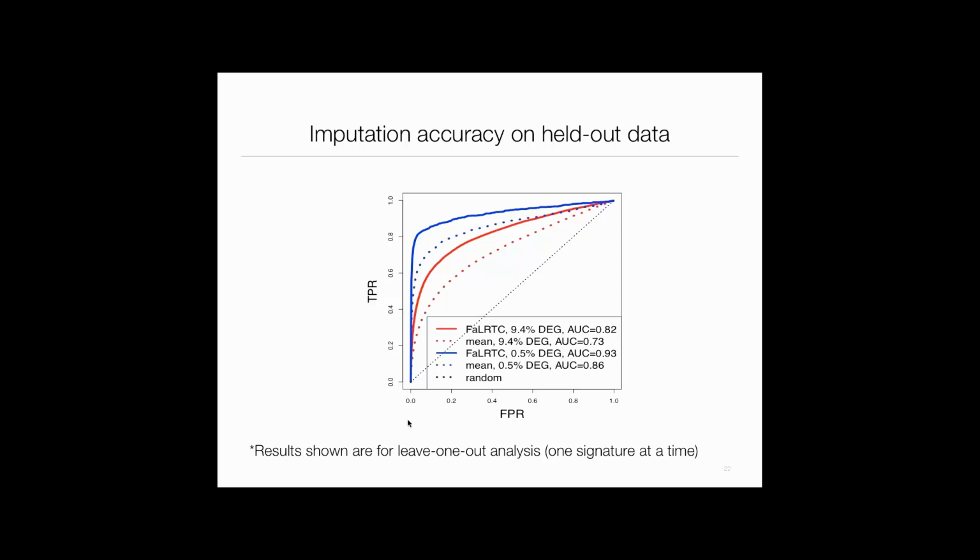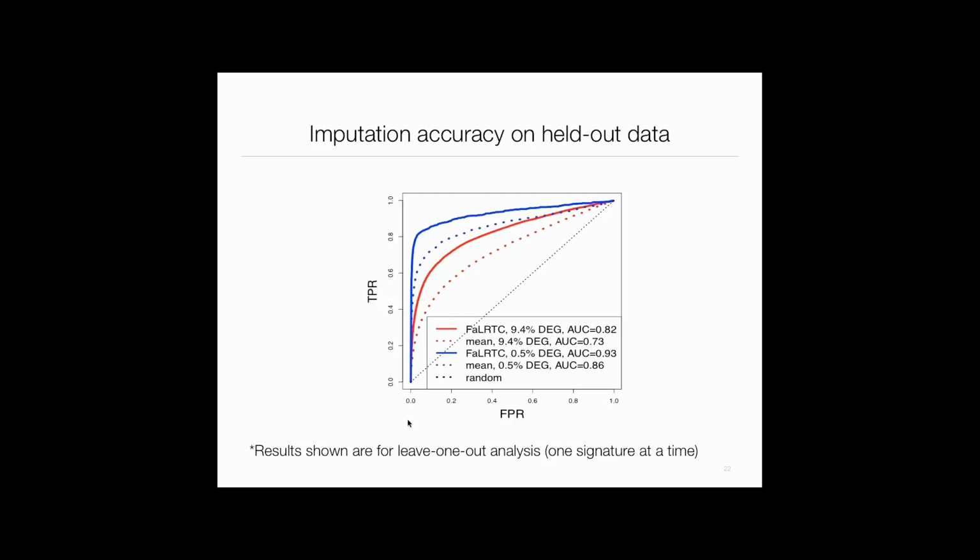And next I wanted to look at some ROC curves. So basically, I wanted to evaluate whether the imputed signatures were able to identify the same genes as being differentially expressed.